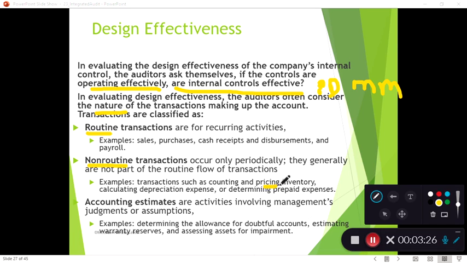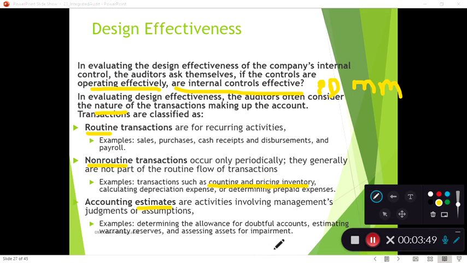things like pricing inventory or counting inventory, those happen pretty infrequently. But because they're infrequent, they may not operate as smoothly as the other controls, right? And so that's something that we'd want to consider when we're thinking about its effectiveness in terms of controls over that process. And then the last category is estimates, right?